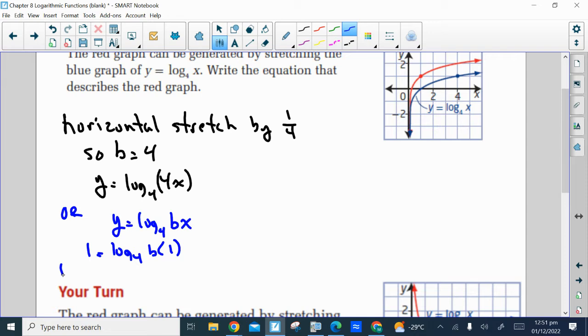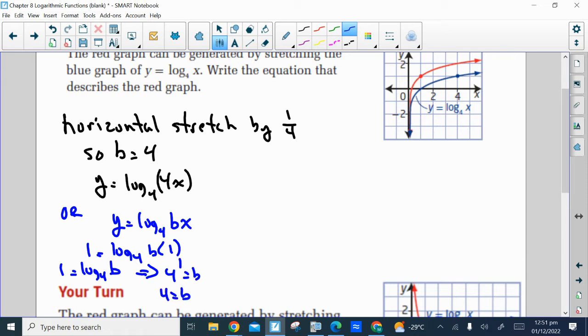So you're going to have 1 equals log base 4 of b. And then to find out what b is, convert from logarithmic to exponential. Start with the base and cycle through. 4 to the 1 equals b. So b equals 4.